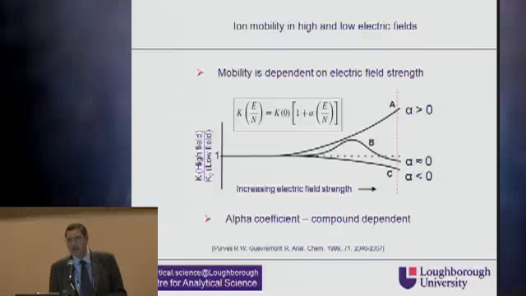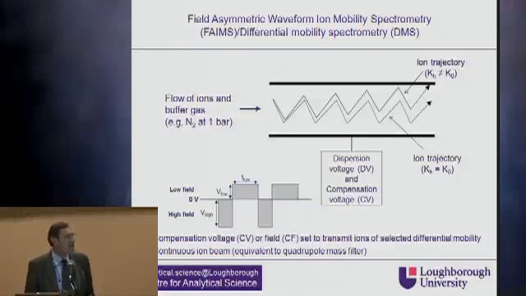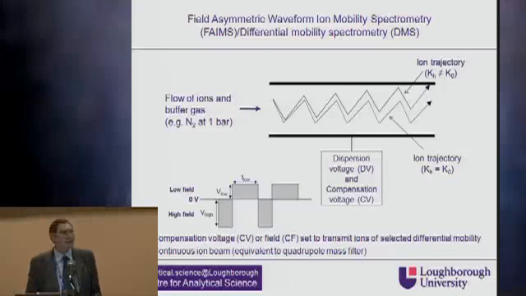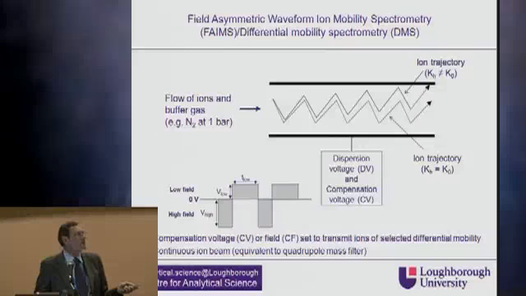How do we do this experimentally? Well, we need a couple of electrodes as shown here on the side, and between those electrodes we're going to transport our ions in a flow of buffer gas. So they're going to be transported through the electrodes along here. We apply to those electrodes this field asymmetric waveform. It's shown on the bottom left-hand side of the slide along here, and I'm not going to go into great detail about that.